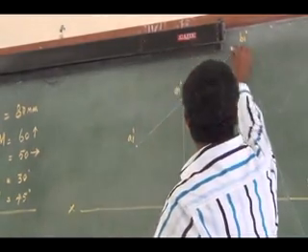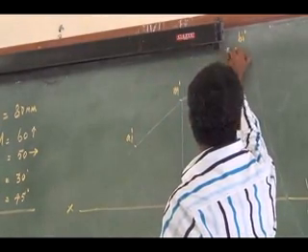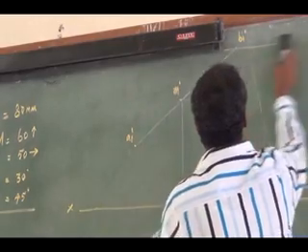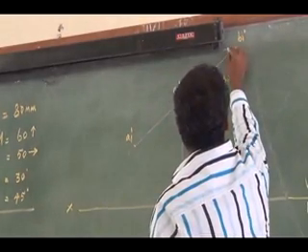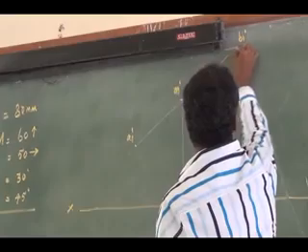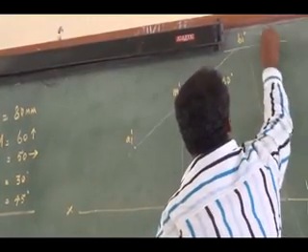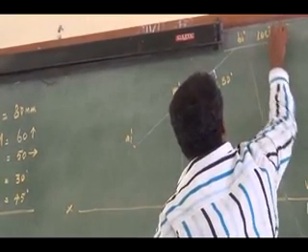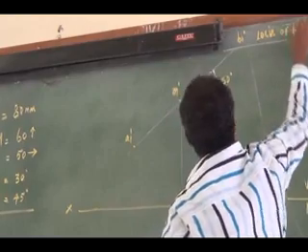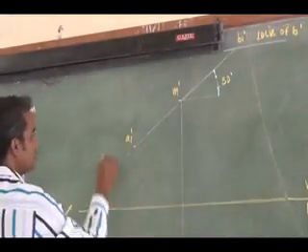Right. So I will have a locus here. So what is this locus? Locus of B dash. This is my locus of B dash. So I will have another locus here.